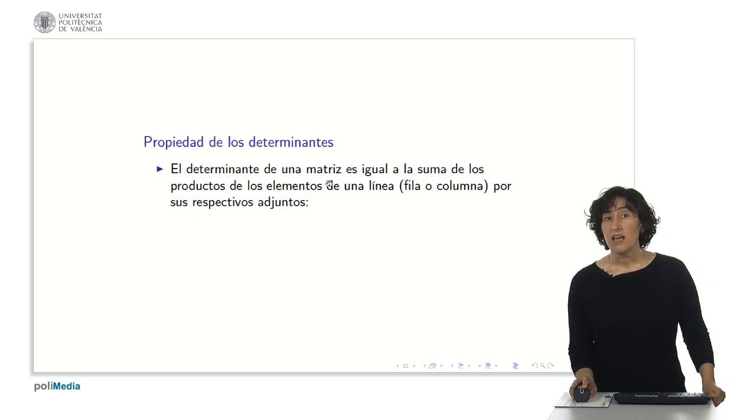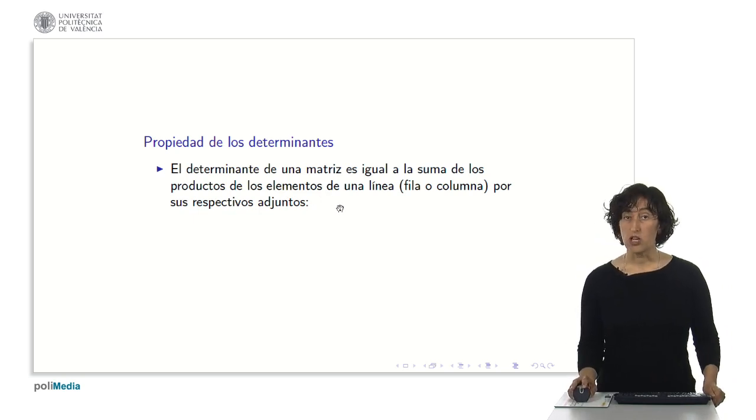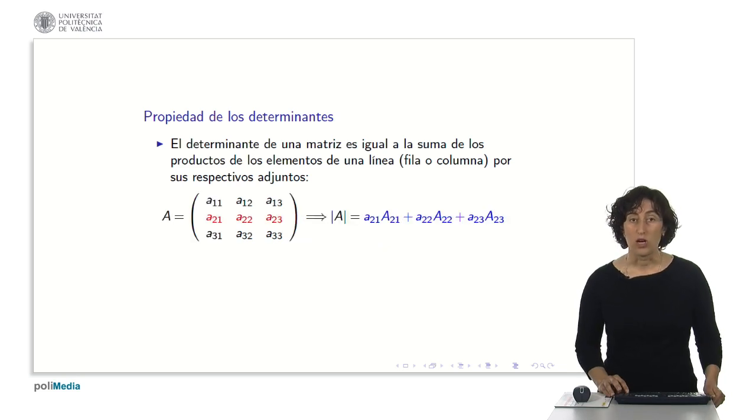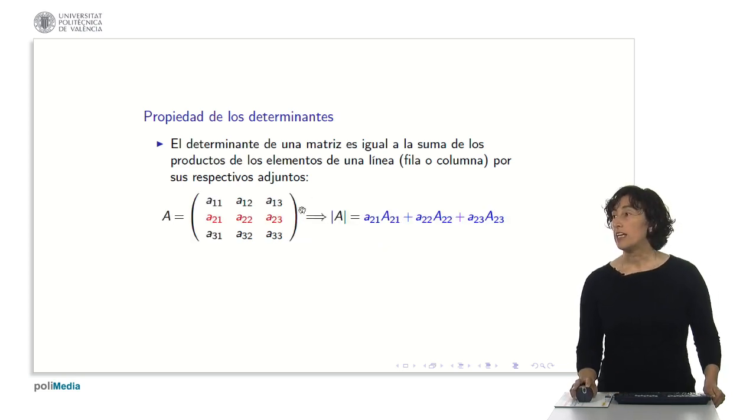Well, this allows us to say that the determinant of a matrix is equal to the sum of the products of the elements of a row or column line times its respective adjoints. What does this mean? Well, if I have this matrix and I want to calculate its determinant, it is enough to choose a row that I want and develop by adjoints. The determinant will be A 2, 1 times its adjoint, A 2, 2 times its adjoint, and A 2, 3 times its adjoint.